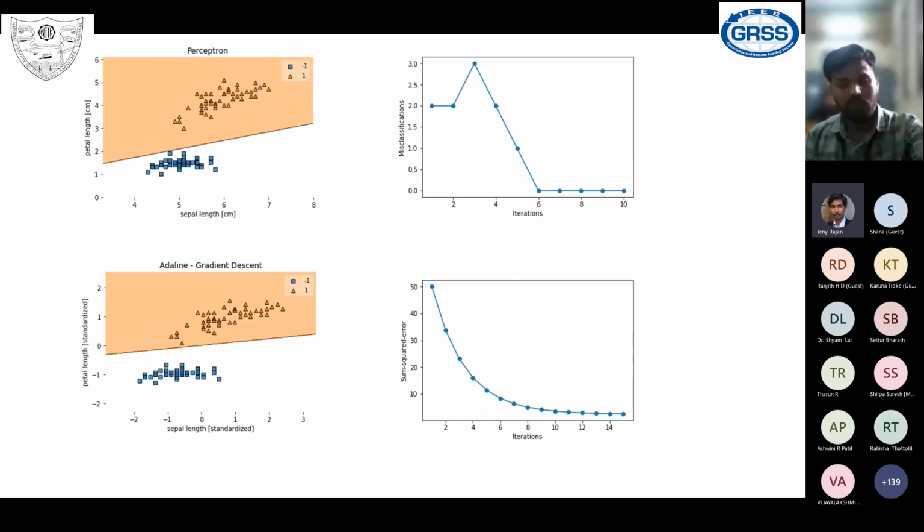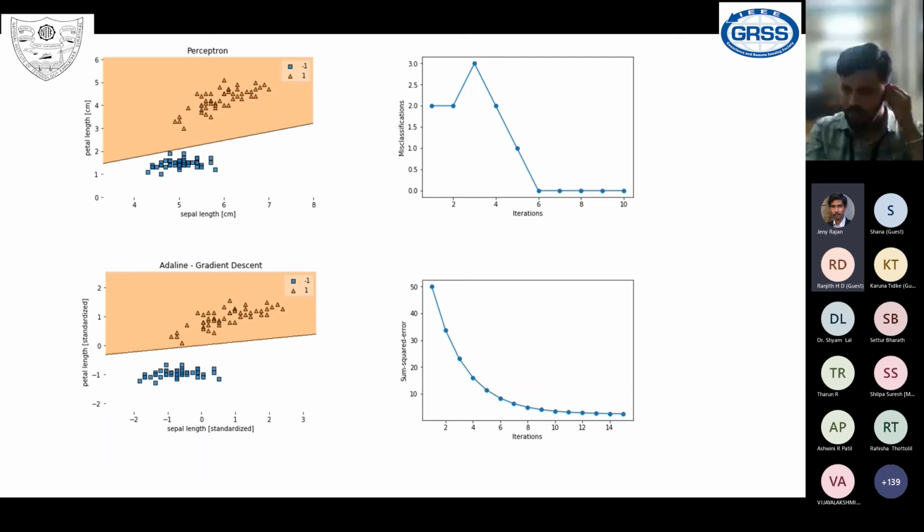So now I assume that you have some idea about Adaline and perceptron. If you compare Adaline and perceptron, both models learn from the data, and these models will converge only if the data is linearly separable.